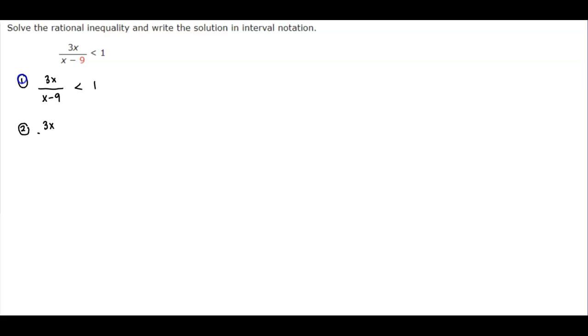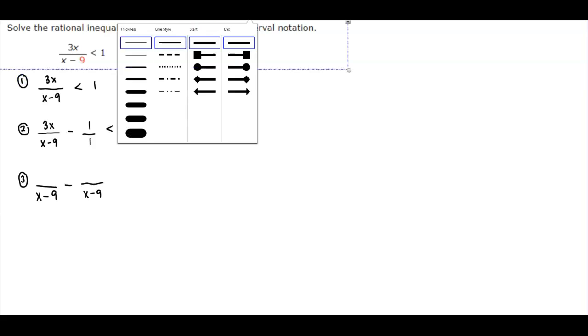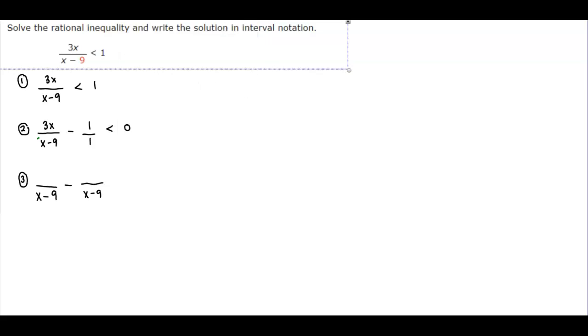So we have 3x over x minus 9 minus 1, and that's going to be less than 0. Now 1 as a fraction is 1 over 1, and we want to combine these terms with an LCD. The LCD between 1 and x minus 9 is x minus 9. What do we need to multiply x minus 9 by to get x minus 9?